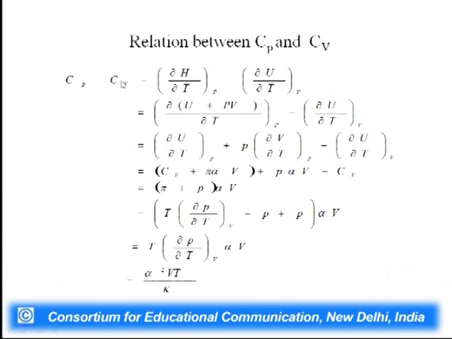Cp minus Cv is simply del H by del T at constant P minus del U by del T at constant V. So, Cp is del H by del T at constant P, and Cv is del U by del T at constant V. Now, we can write del H by del T at constant P as del of U plus PV by del T at constant P, since H is equal to U plus PV, minus del U by del T at constant V. So, if we expand this we get del U by del T at constant P plus P del V by del T at constant P minus del U by del T at constant V.